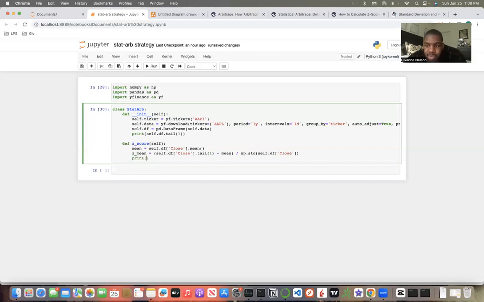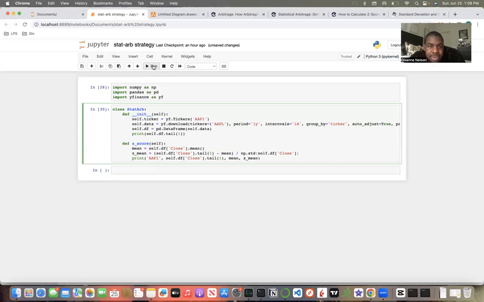And lastly, we just want to print the values. So AAPL, self.df close. What I like to throw in there is the mean as well.